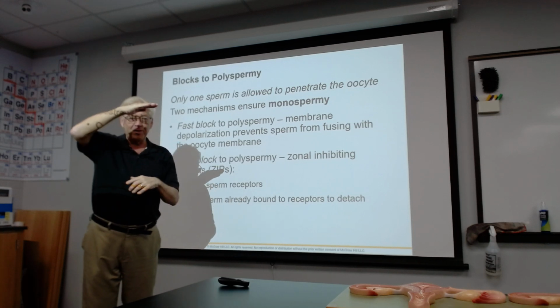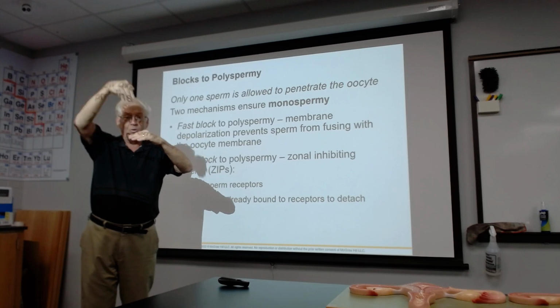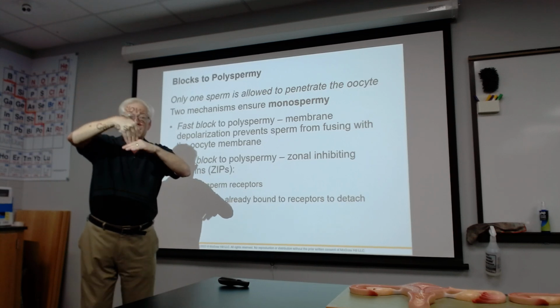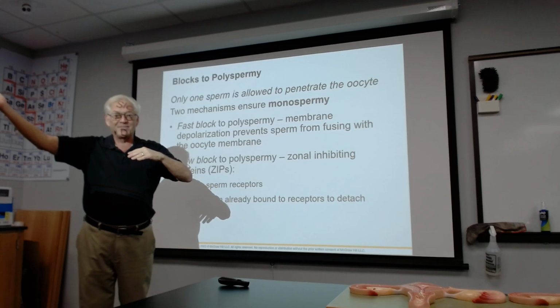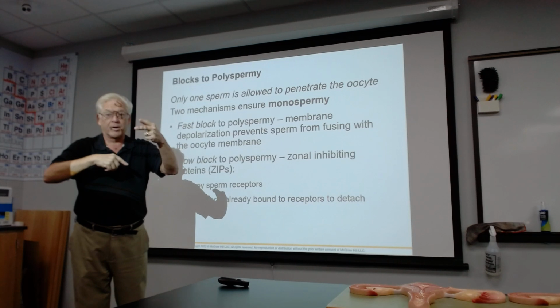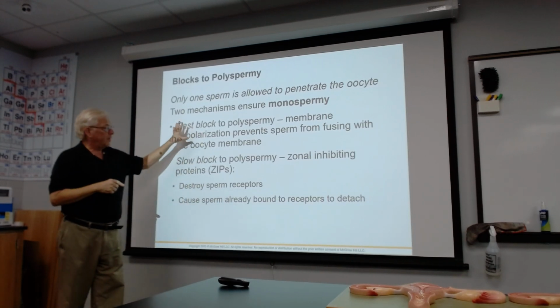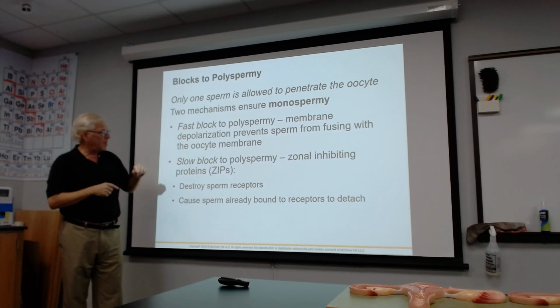So if it was positive on the outside, attracting a negative, it flips. Now it's negative. Will the negative attract the negative? No, that makes the other sperm push away because we flipped it. Just that quickly. That's the fast way, which prevents sperm from fusing with the oocyte or the egg membrane.